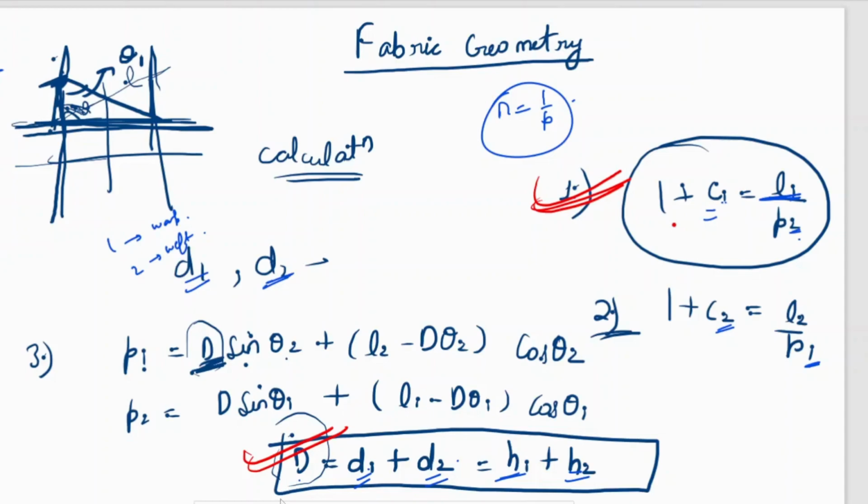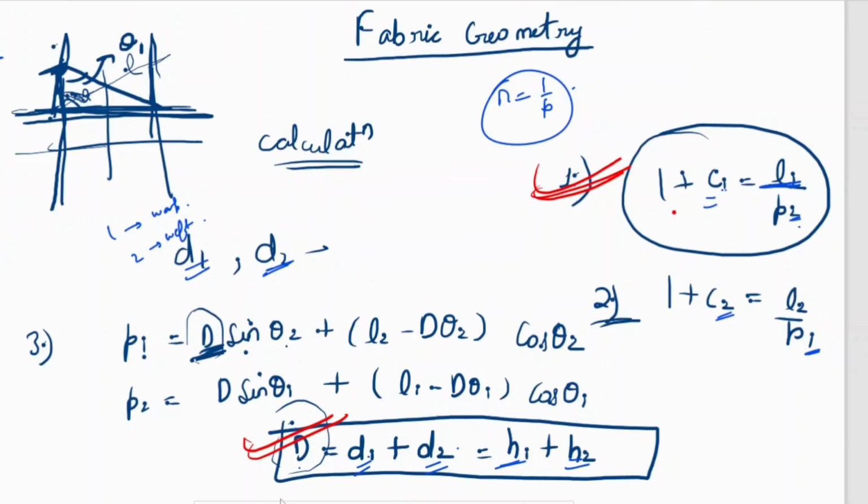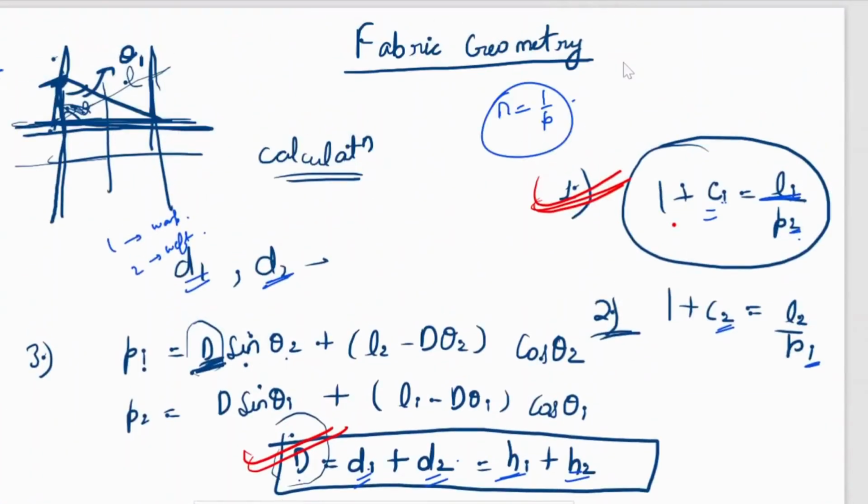In numericals, I think I have discussed it in a later section. But on a general basis, N1 is ends per inch, meaning it is for ends, and N2 is picks per inch. So one is for warp, and this is for ends, and two is for weft, and this is for pick, because in weft we only have picks.